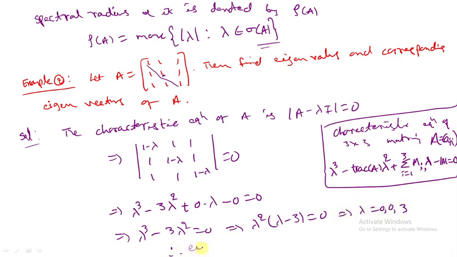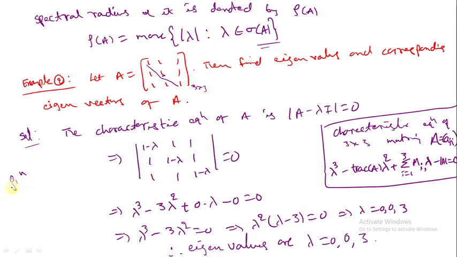Therefore, the eigenvalues are lambda equal to 0, 0, 3. These are the 3 eigenvalues. In nth order, we get n eigenvalues, maybe some repeated. Now, if we get an n by n matrix where each element is 1, the eigenvalues are 0 and n.